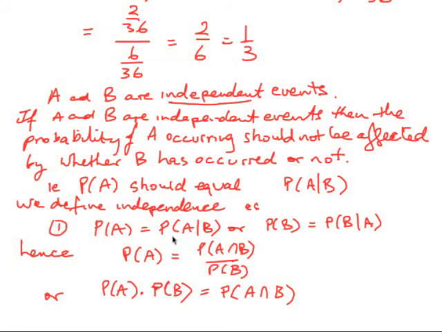One, probability of A is equal to the probability of A given B; or two, probability of B is equal to the probability of B given A; or three, the probability of A times the probability of B is equal to the probability of the intersection of A and B.